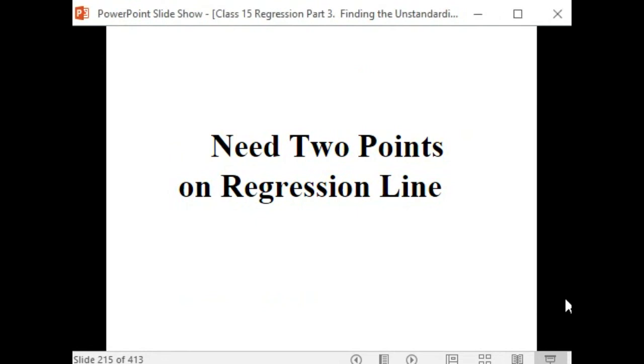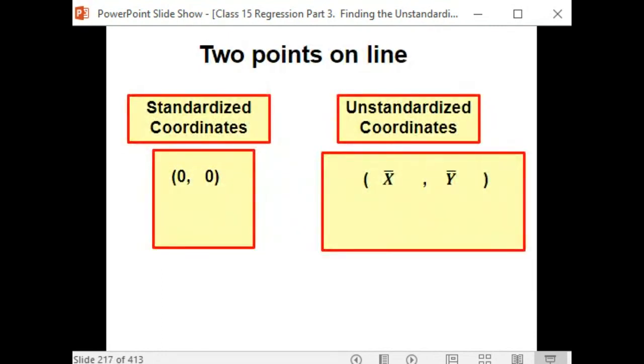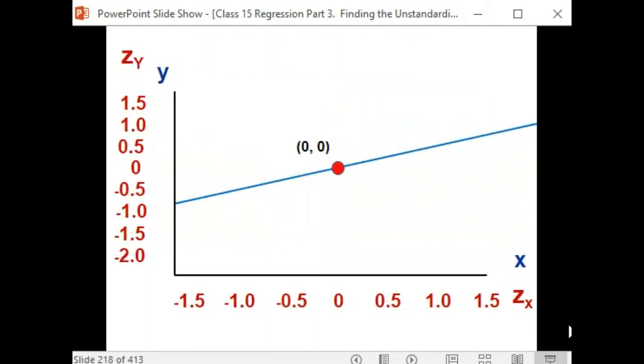For one of the points, we'll just use the point of averages. The point of averages is always on the regression line. Now, during the review, we saw that the standardized coordinates of the point of averages are 0, 0, and the unstandardized coordinates are the mean of x and the mean of y. And here's a scatter plot with the point of averages on the regression line.